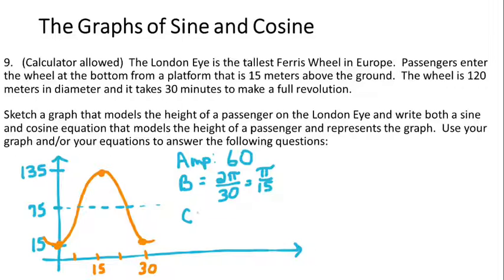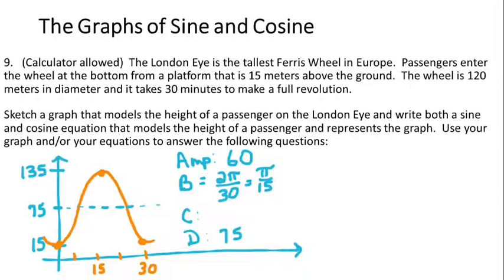For c, that's going to depend on which function we're writing. For right now, our c will be 0 because we're going to write a negative cosine function. So we have no horizontal shift for that. And then d, of course, that's our midline, which we determined is at 75.